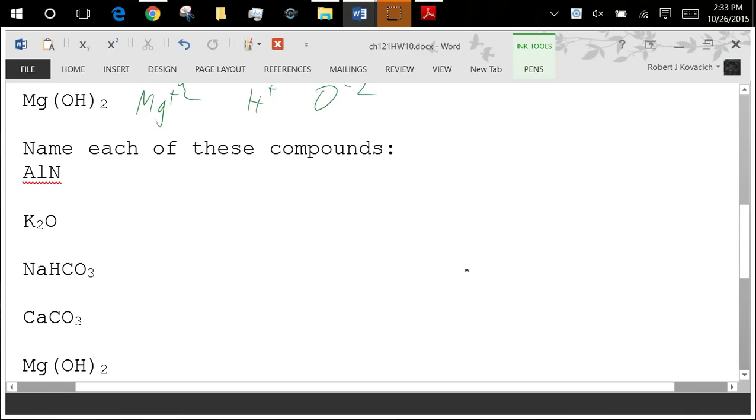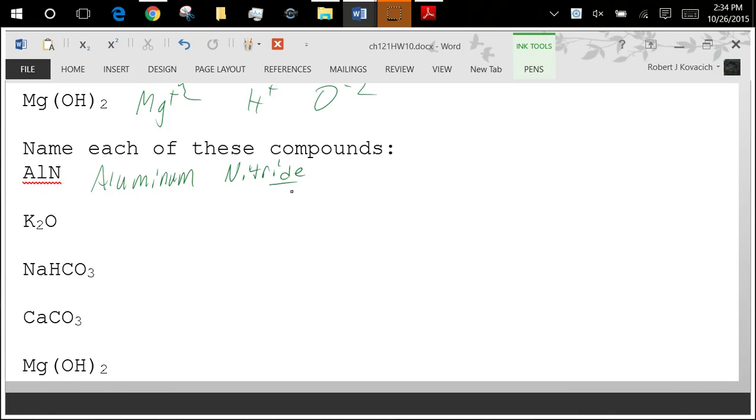So what's this first one? Excellent. How come I don't need to say anything about the aluminum's charge? Because it's always 3, so I don't need to indicate that it is 3. And then where did the "ide" come from?